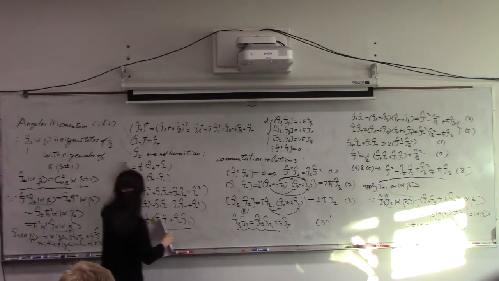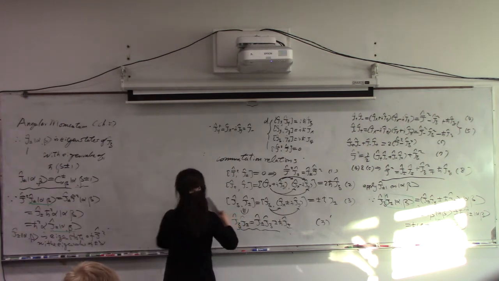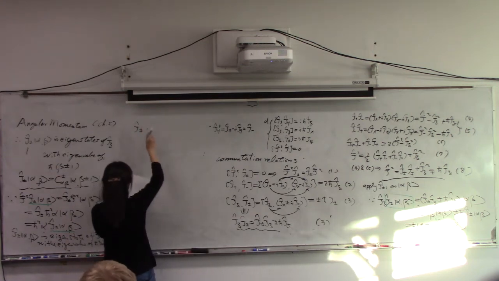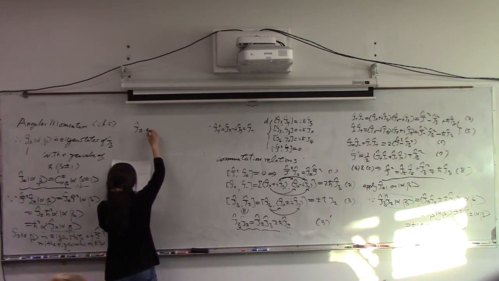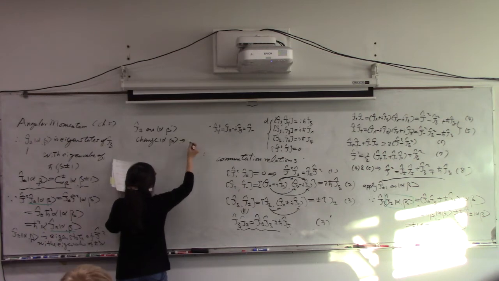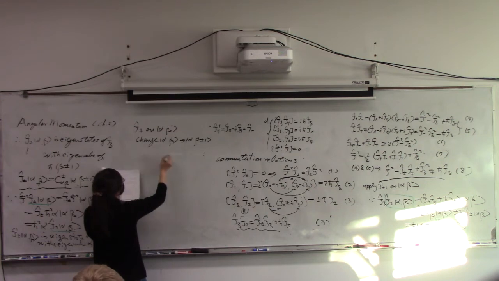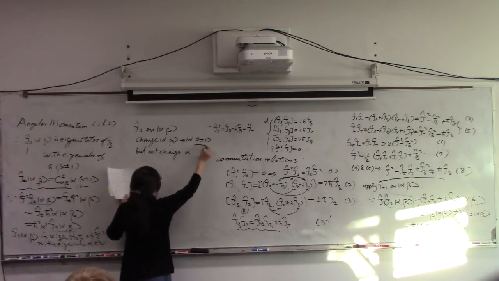So what does that mean? That means J plus minus will change the state alpha beta to alpha beta plus minus 1, but will not change alpha, only change beta.